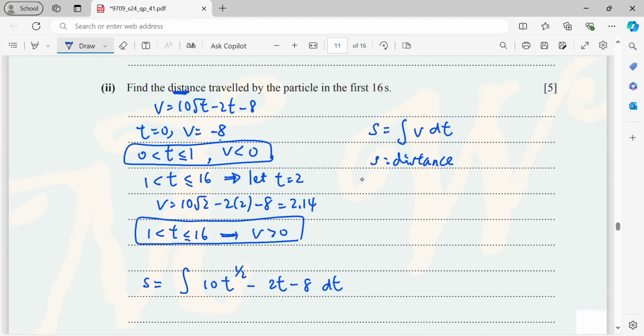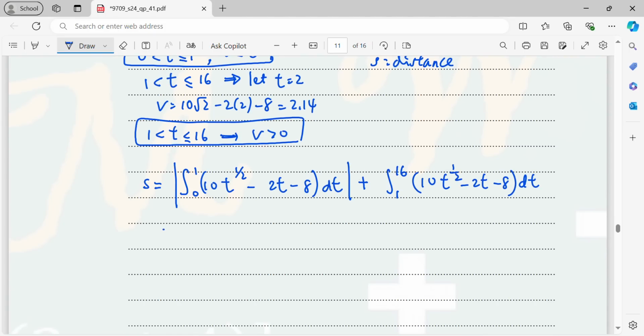But for 0 to 1, I put a modulus because v is negative, which means when you sketch a graph of v against t, it will be below the x-axis. Then plus integrate from 1 to 16, because you need to find the first 16 seconds. Then it will be 10t to the power half minus 2t minus 8 dt. So you have to split it into two integrations, even though this is the formula.